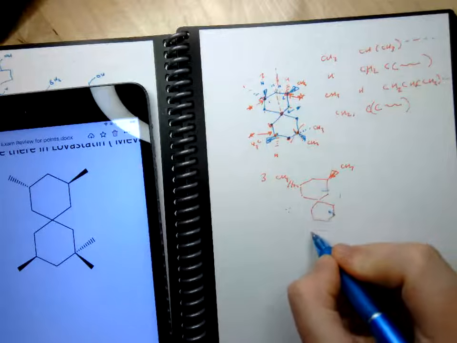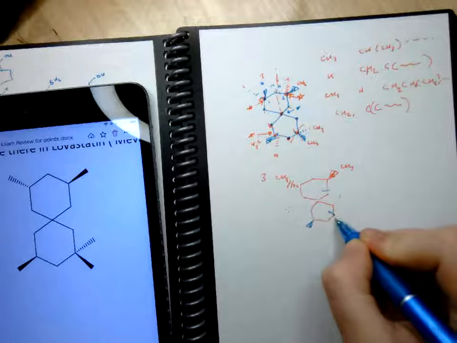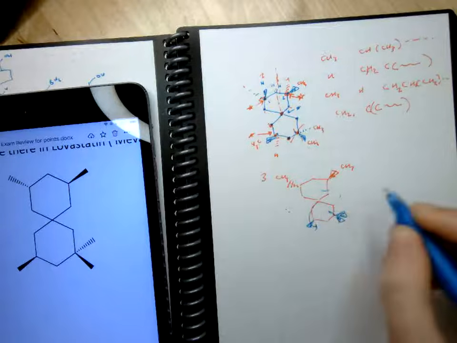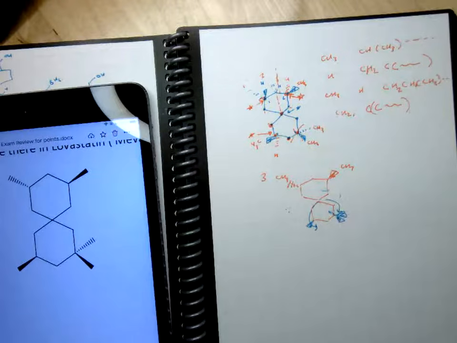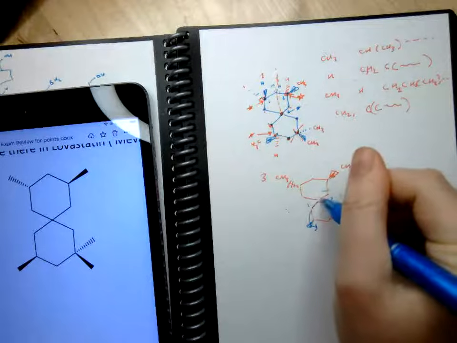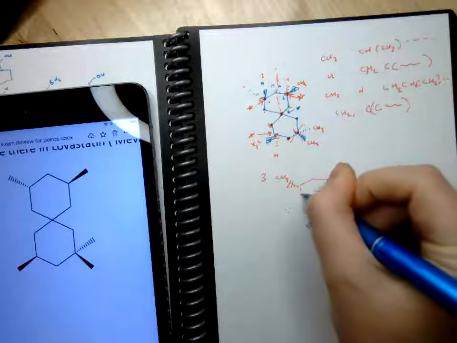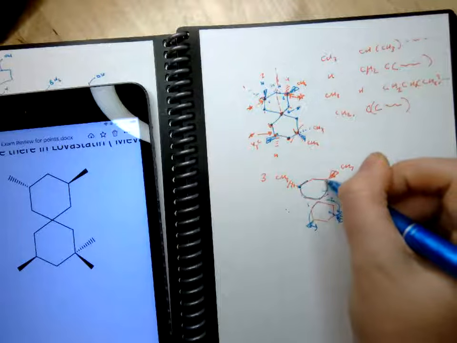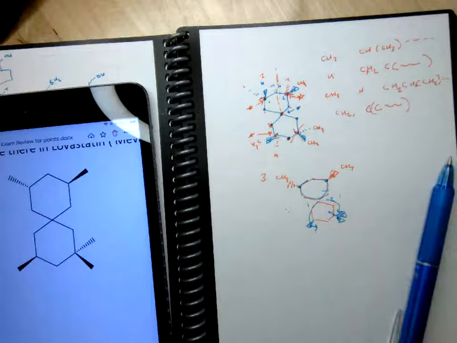So definitely there's 2 different things attached on this side, because if you go around the ring, at some point you'll get to this where there's one CH2, one methyl group, and over here there's two methyl groups. So this is definitely two different groups attached. On this side, however, the only difference is the wedge and dash here, so I'm not 100% sure. Let me think about this for a second.